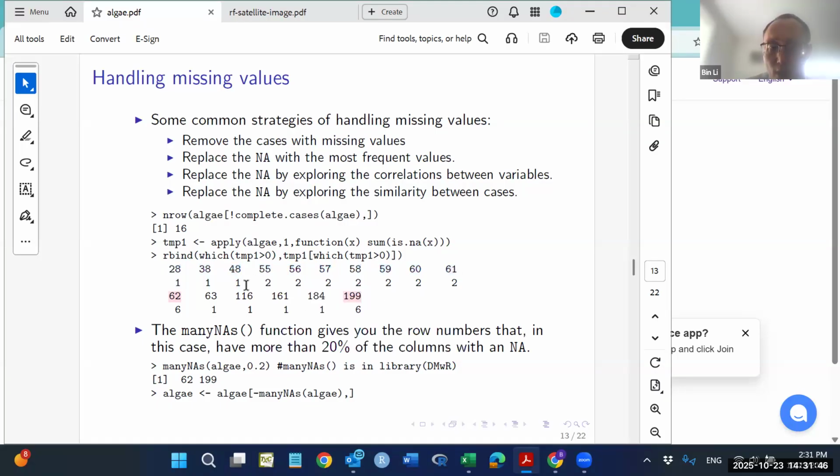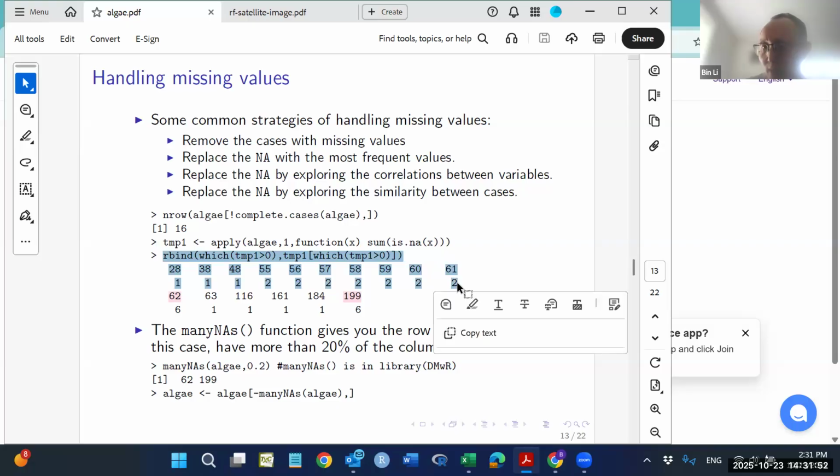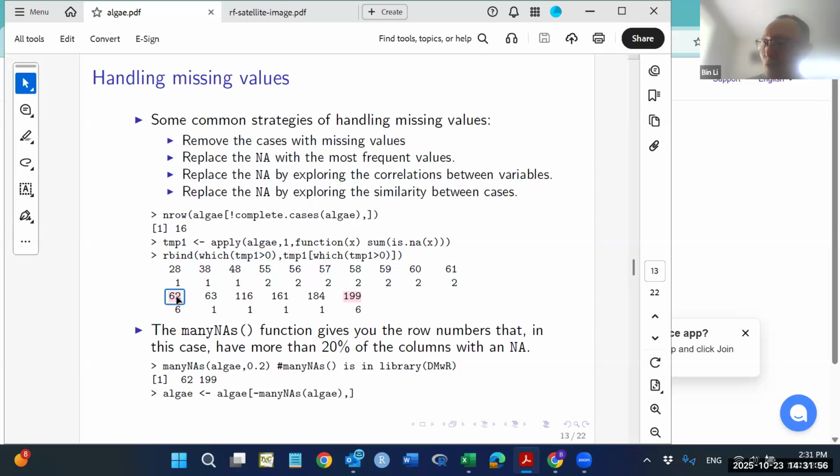Most of the samples that have missing values only have 1 or 2 missing. However, we do see that there were 2 observations, number 62 and number 199, and these 2 samples have 6 missing values.